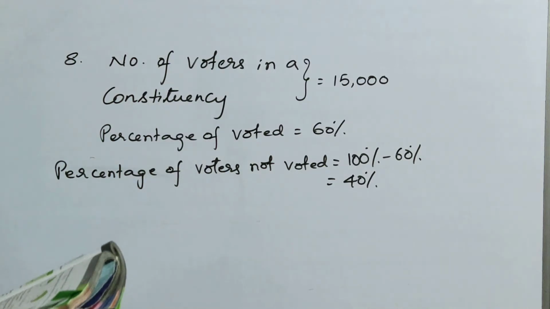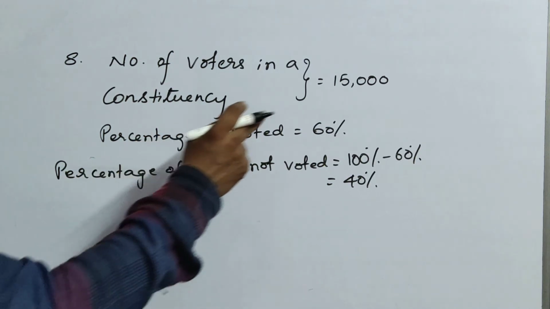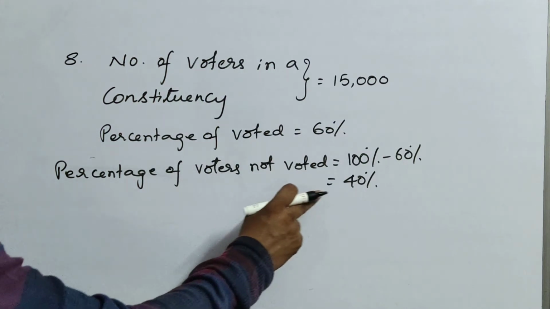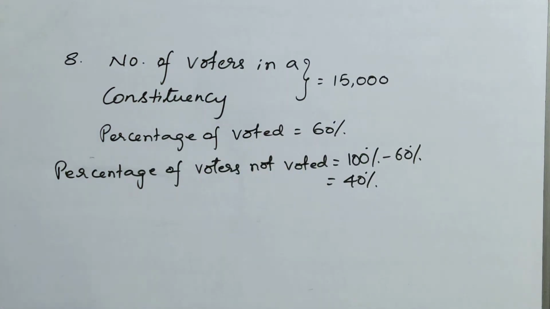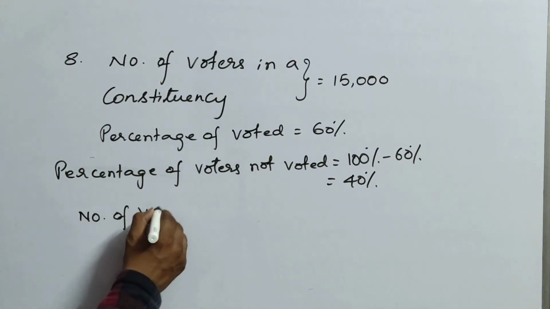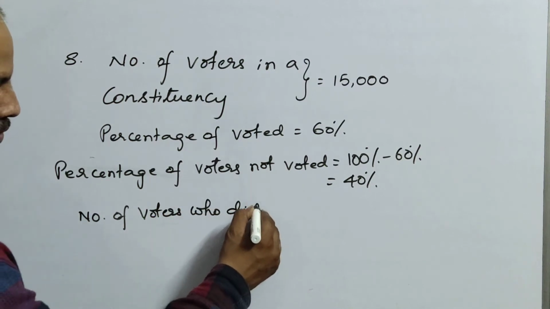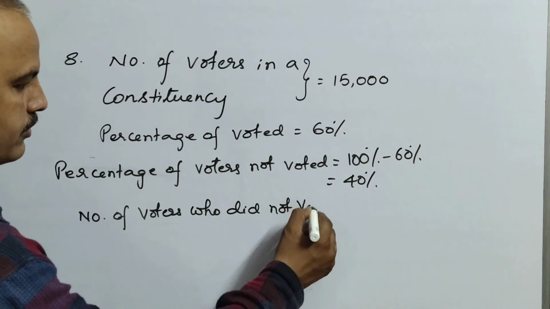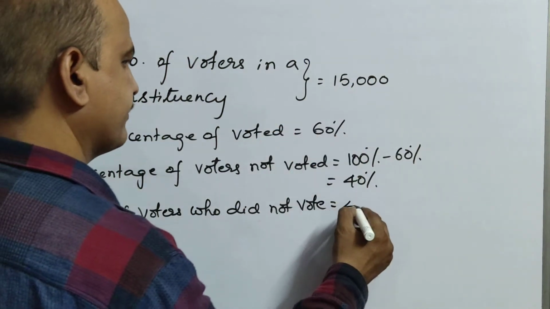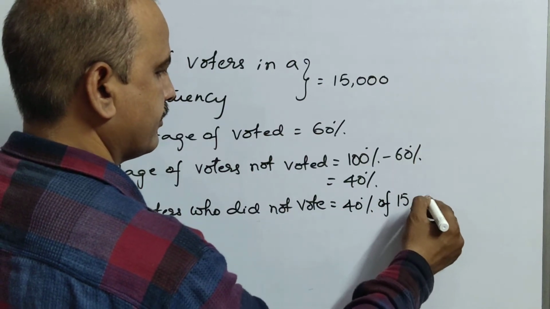But he did not ask the percentage, he asked how many members. So total how many voters are there? 15,000. How much percent did not vote? 40%. So the number of voters who did not vote is 40% of 15,000.